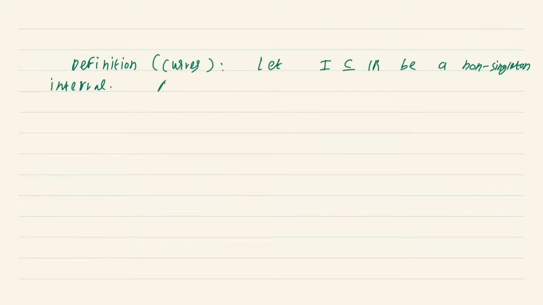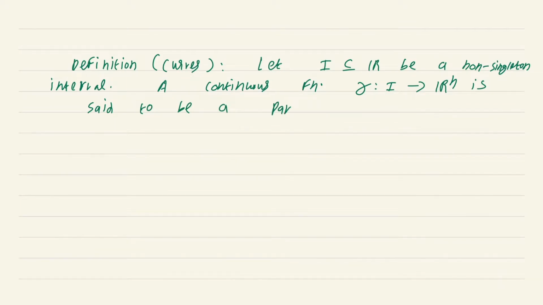A continuous function gamma from I to R^n is said to be a parametrized curve. You will notice this additional word parametrized in front of the word curve.